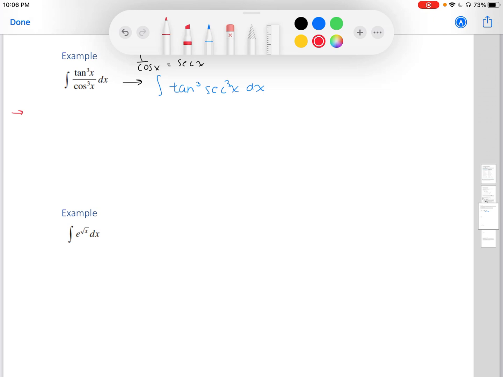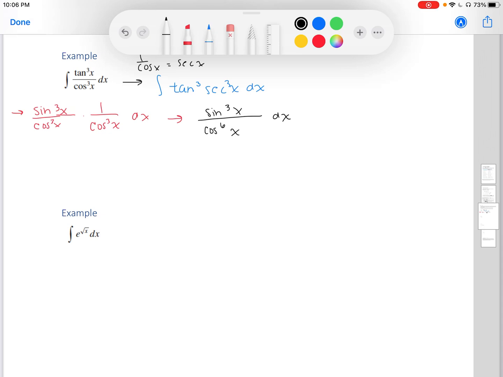So tangent is sine over cosine, so we have sine cubed over cosine cubed. Secant is 1 over cosine. Okay, we see something going on here. So in the denominator, we can have cosine to the 6th power. All right, then we know that we can continue because we have that pairing of sine and cosine.